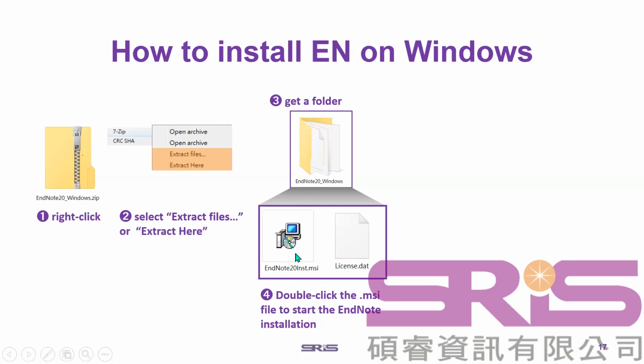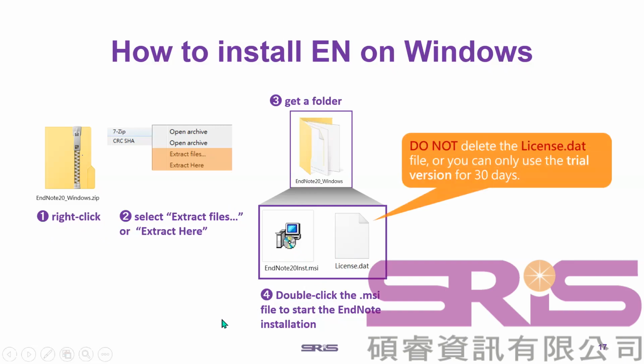But before you double click the MSI file, please remember to close all the Office programs like Word or PowerPoint on your computer, no matter whether you use Windows or Mac OS.